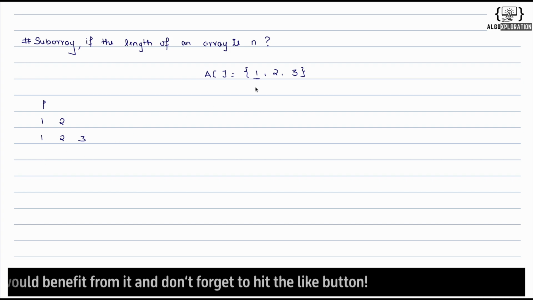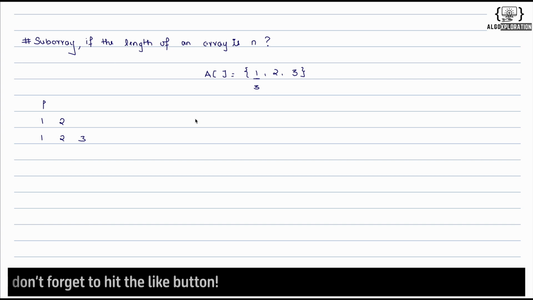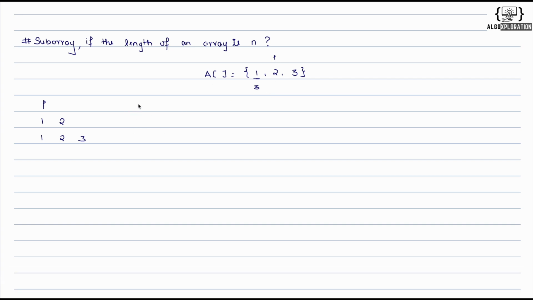So with this, 3 subarrays are formed. If we are starting from the first index, then 2 and 2 3. So 2 subarrays are formed. Now if you want to start from index 2, that will be only 3. So 3 plus 2 plus 1. So the total number of subarrays is 6, right?